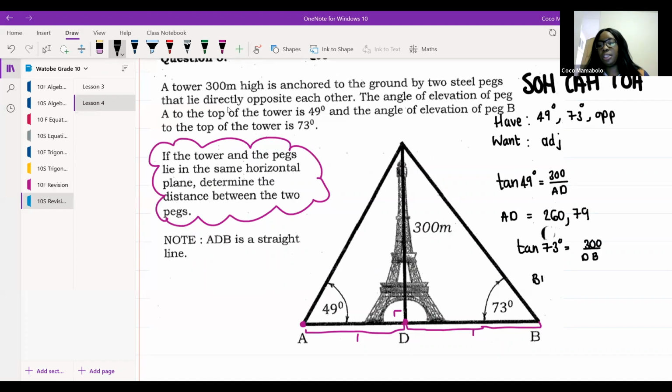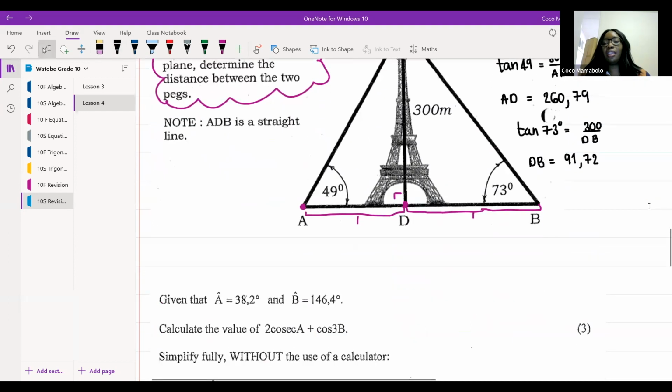So DB is equal to 91,72. Thank you, Gift. 91,72.